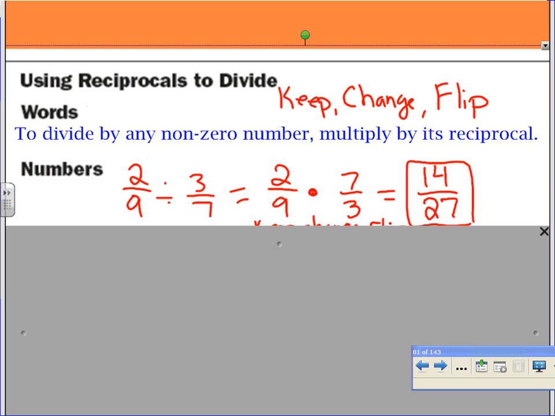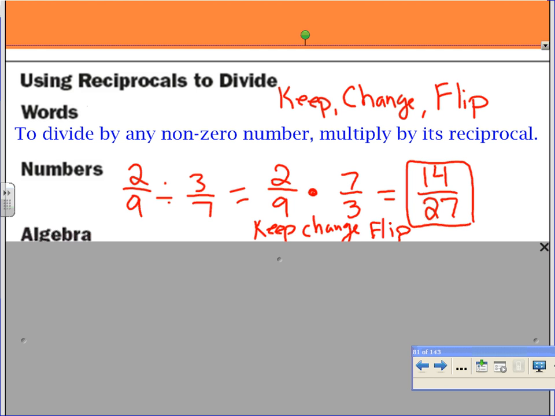Now cross-simplifying comes into play because you're changing a division problem to a multiplication problem. But there's not anything to cross-simplify on this one. So you simply multiply across the top, across the bottom. It's just as easy. The keep, change, flip rule is a really good reminder when you're dividing fractions. Keep the first one, change the sign to multiplication, flip the second fraction.